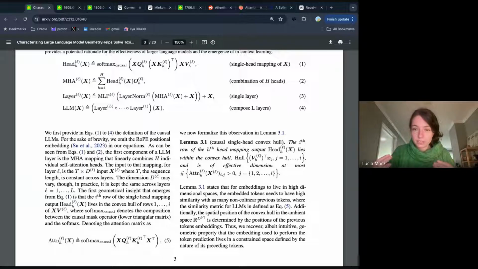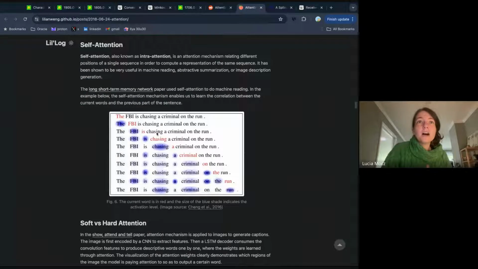It's a vector-valued distance function, but it gives the weighting between, say, the input, as we saw on the previous slide, the FBI is chasing a criminal on the run. It's going to be associating some vector values. Over here it's highlighted in terms of colors, but it's associating some vector values, saying when a word is going to be more associated with another word in the same sentence.